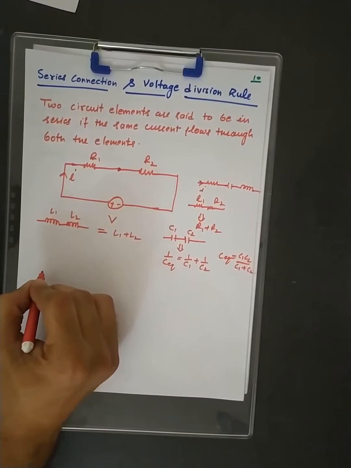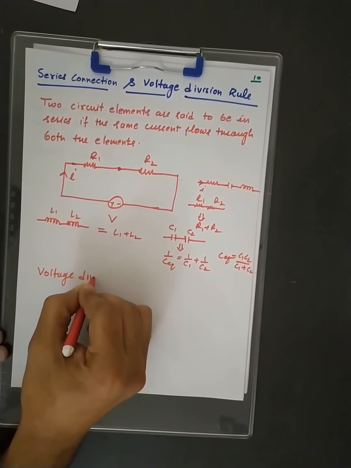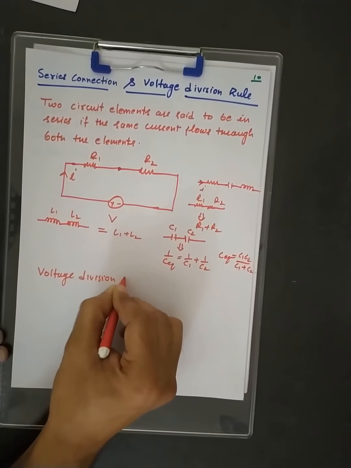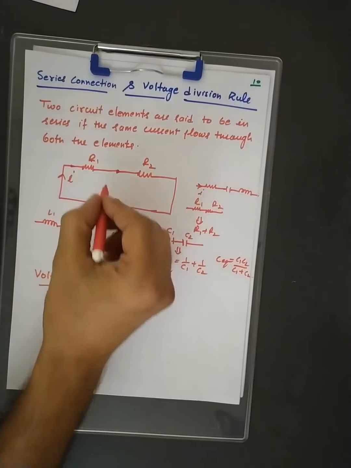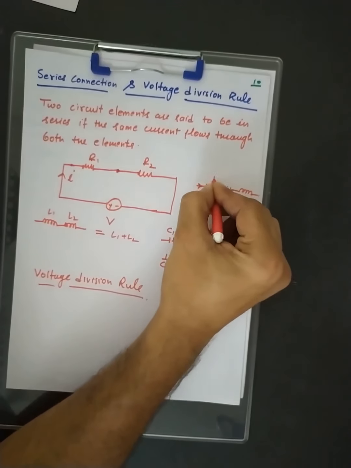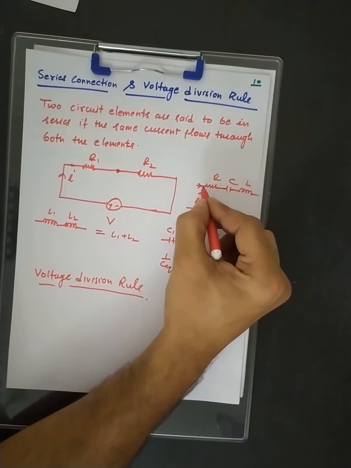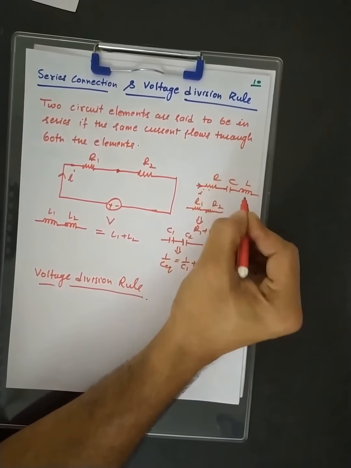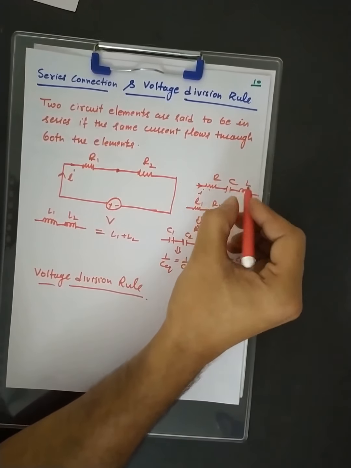Let's come to the voltage division rule. When the combination is like this, resistance, capacitance and inductance, so R, C and L, then you have to find out, in the case where resistance is involved, and these portions will act as a reactance. So you have to find out impedance.